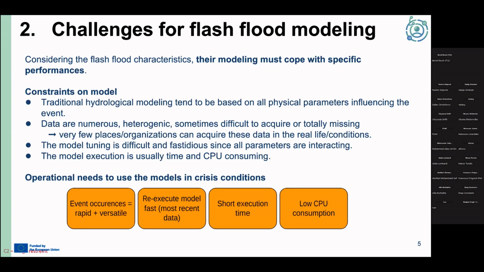So the model should be very fast as well, faster than the event at least. And we want to be able to re-execute the model because as flash floods are very fast and unexpected, we want to try different scenarios, for example, different rain scenarios. So we want to be able to re-execute the model very fast and to have a low CPU consumption. It would be very nice to be able to put it on different users' computers.